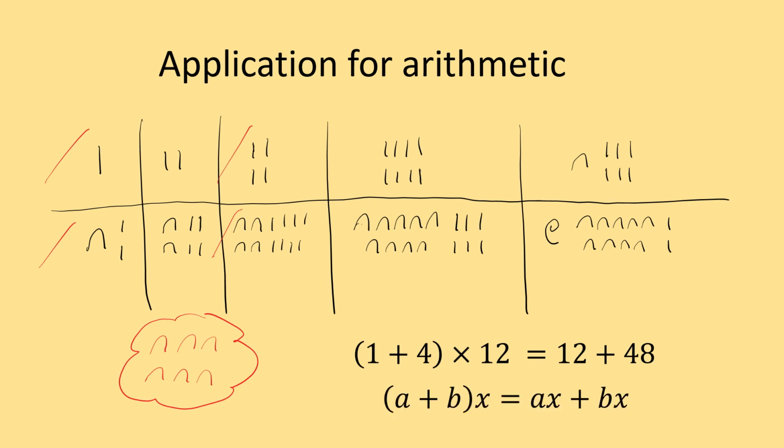In algebra classes, this property is identified as the distributive property of multiplication over addition. And if I were to write this with variables, I would write parentheses a plus b, close parentheses, times x is equal to a times x plus b times x. Again, this is identified as the distributive property of multiplication over addition.